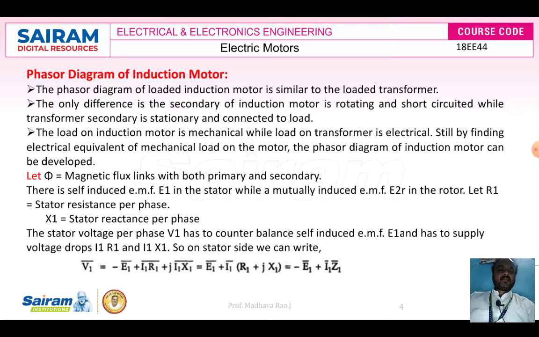So to develop the phasor diagram of the induction motor, before that we need to consider some of the parameters. First we will consider phi. Phi is the magnetic flux that links with both primary and secondary windings, and the self-induced EMF is E1. So E1 is the self-induced EMF in the stator, and E2R is the induced EMF in the rotor.